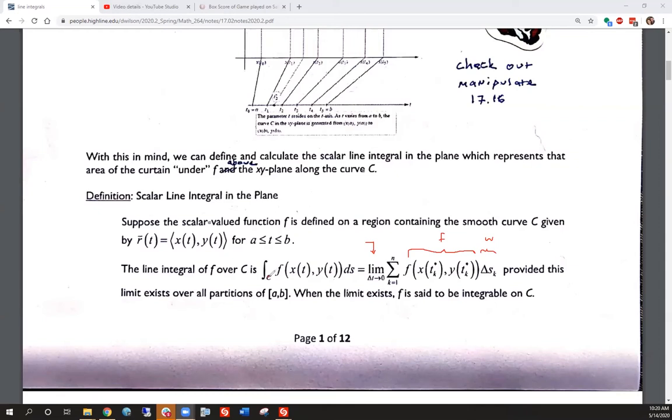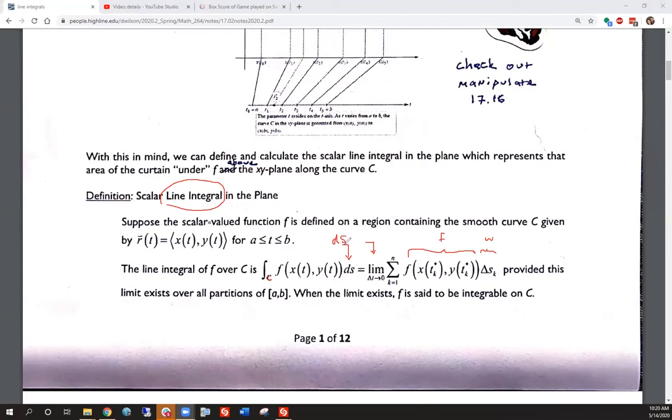Notice we now have this little c down below, because what we have is a line integral. Instead of having a dx or a dy or a dA or a dV, all the other d's that we've had, now we have the ds. And what does ds represent?